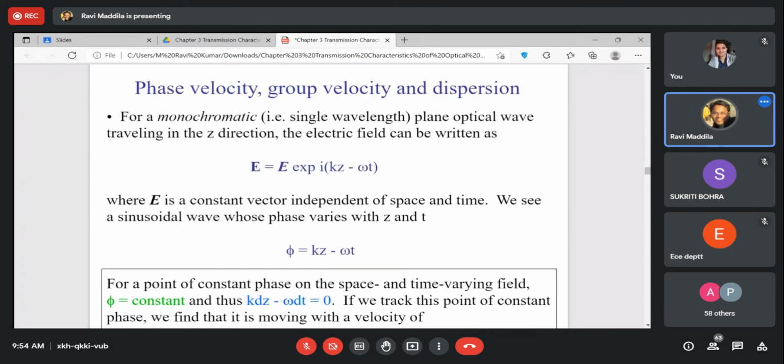I was discussing about this phase velocity and group velocity in one of the earlier classes also, and I had discussed about what is the meaning of this kz and omega t. Does any one of you remember what is the meaning of z here?